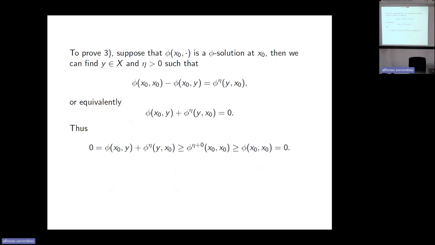Okay, so in fact, phi eta of x0 x0 is 0. Okay, but eta is positive, and this implies, from what we saw, that x0 is in the Aubry set. Remember we said that x0 was in the Aubry set if and only if there exists some eta positive such that phi eta of x0 x0 is 0.